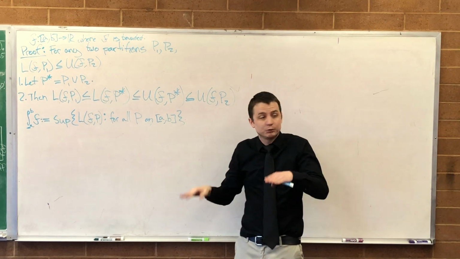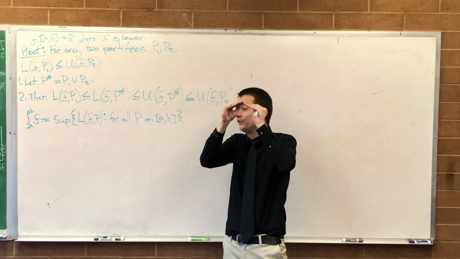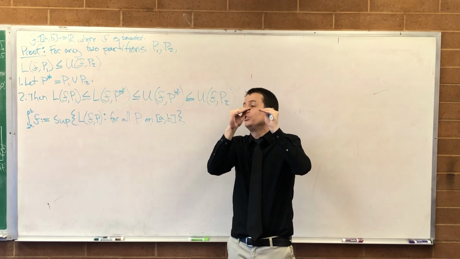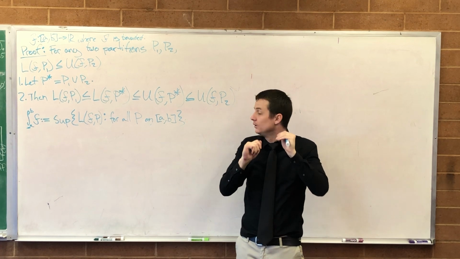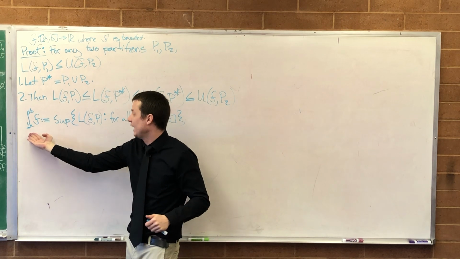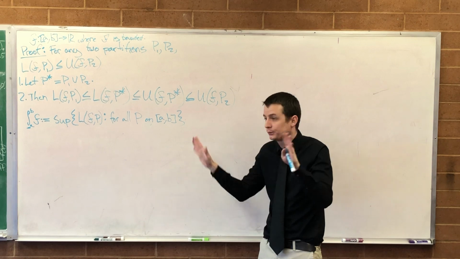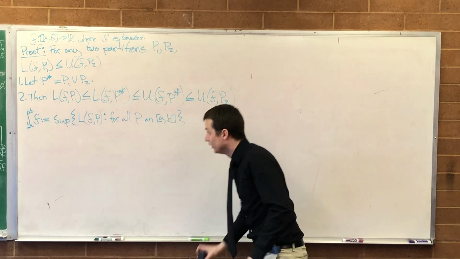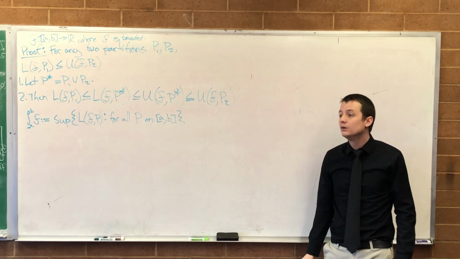Take every possible lower Darboux sum you could do, and now take the highest they can ever achieve, their least upper bound, their supremum, and that's what we call the lower integral. It's basically saying as good as possible a lower Darboux sum as you could get, the best possible approximation you can get with the lower Darboux sum.